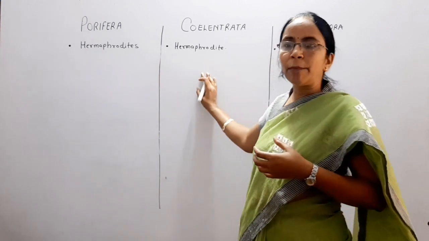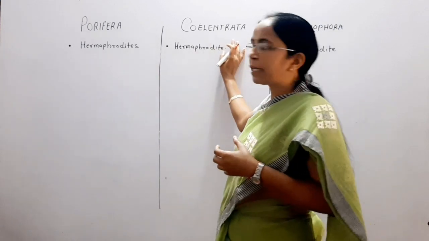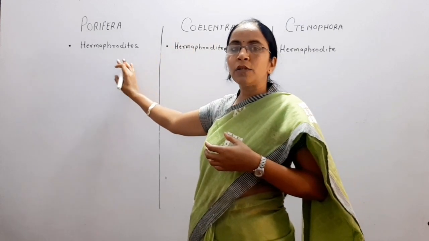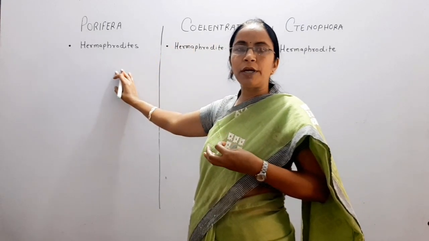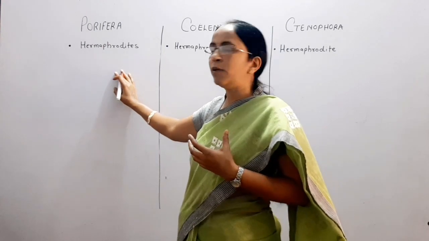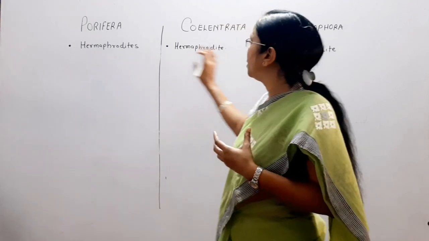Clear? Now when you study Coelenterata, remember the identical feature of Porifera, that is the water canal system: asconoid, leucosolenoid, solenoid type, three different kinds of water canal systems are present.